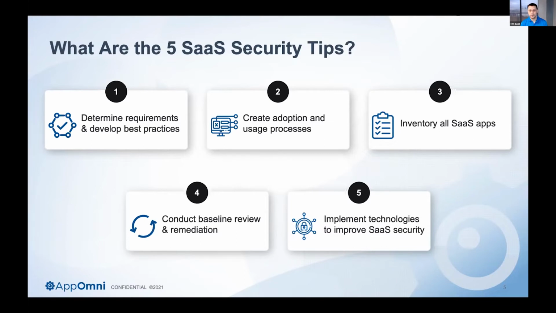So using resources like the CSA, and published frameworks, whether it's a compliance framework or a security framework, to understand what the best practices are for the SaaS applications that you're using, and then conducting a stereotypical gap analysis. Where are you today, and where do you want to go?